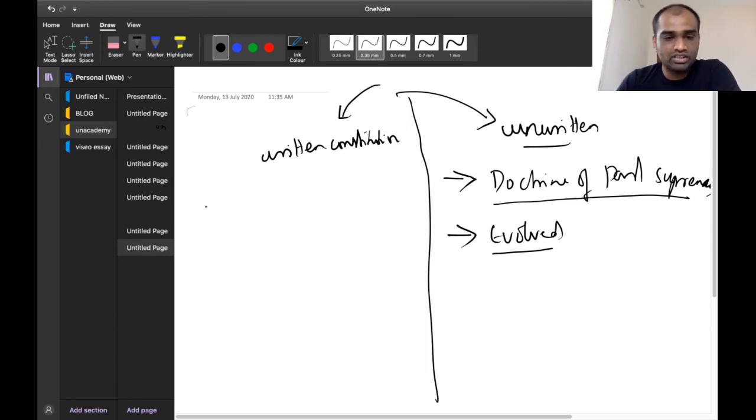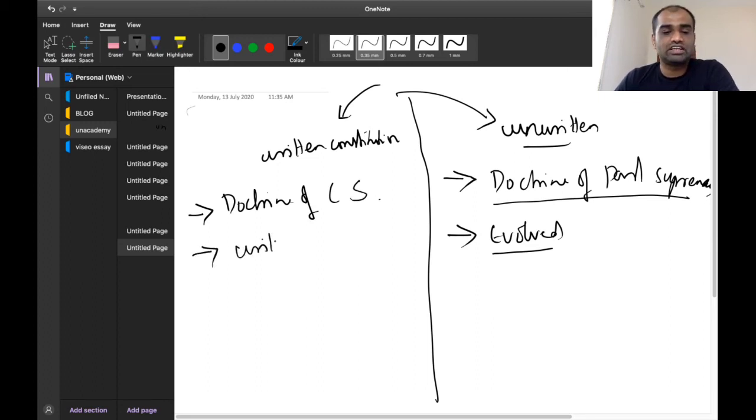But in case of a written constitution, it follows the principle of doctrine of constitutional supremacy. This type of constitution is clearly written.